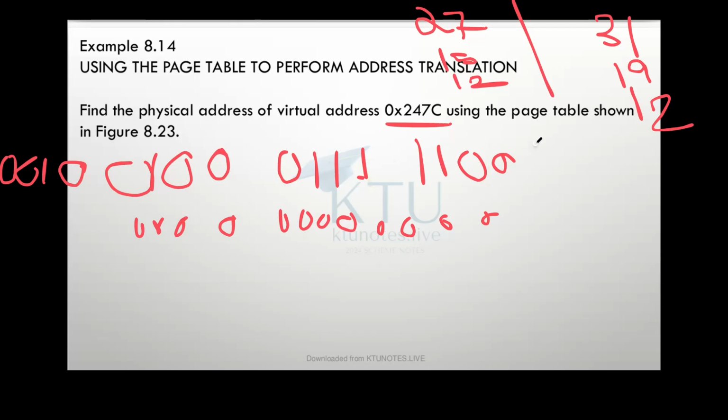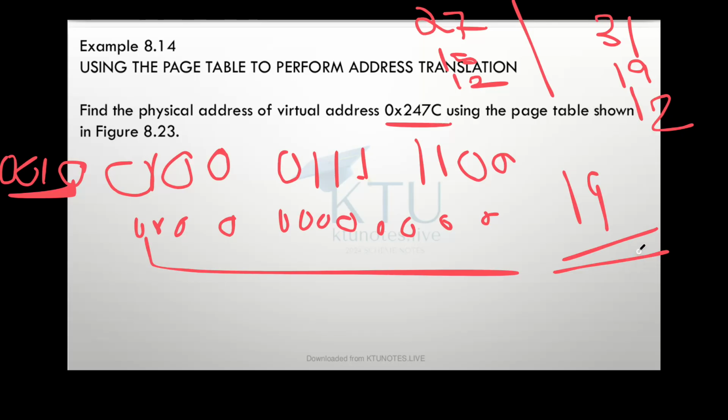Now, the first 19 bits are my VPN, and the last 12 bits are my offset.